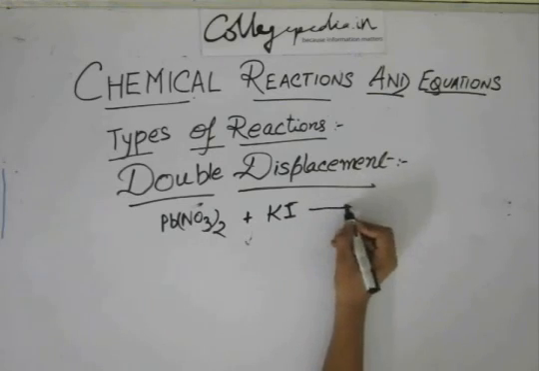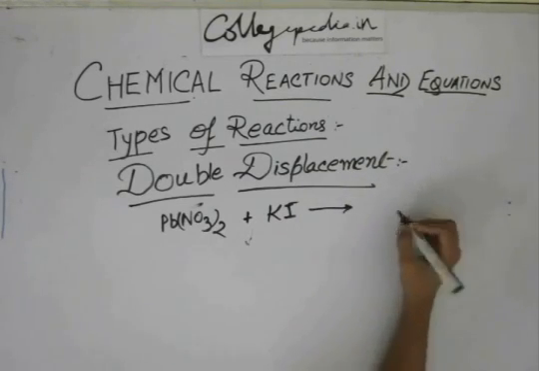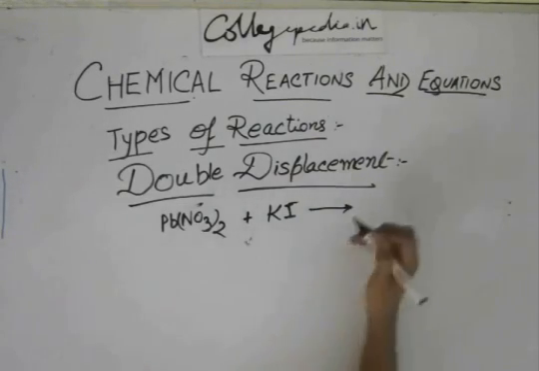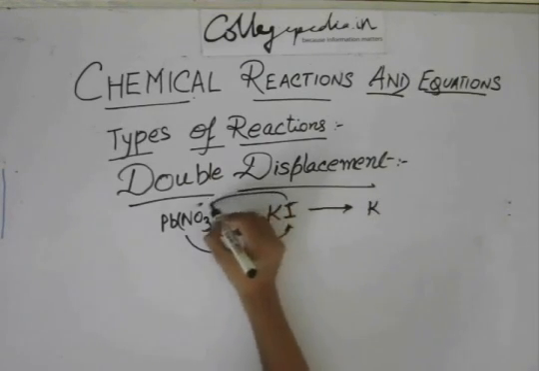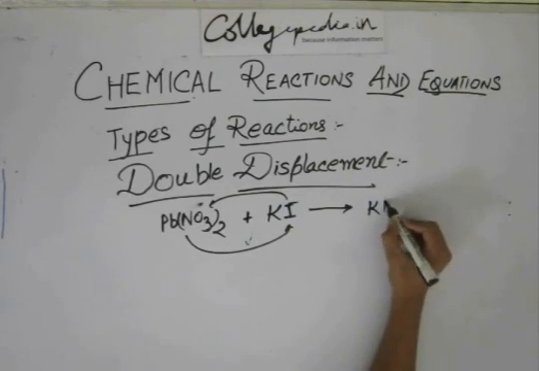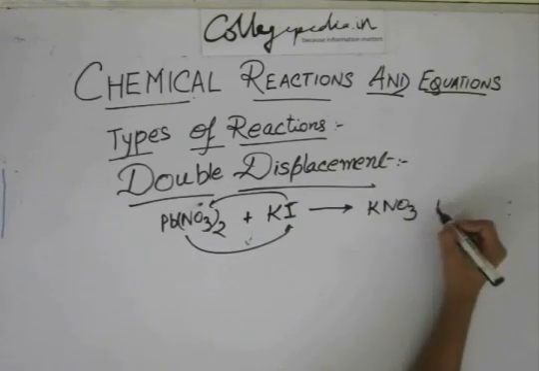There was a yellow precipitate. What was that precipitate? The reaction is they just exchange these radicals and they form KNO3 plus PbI2.